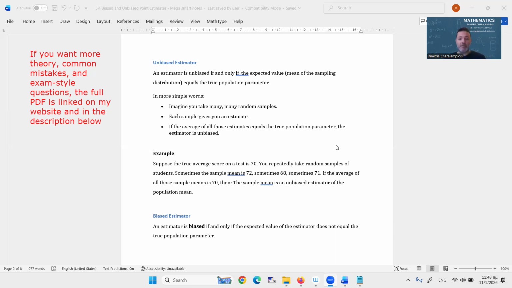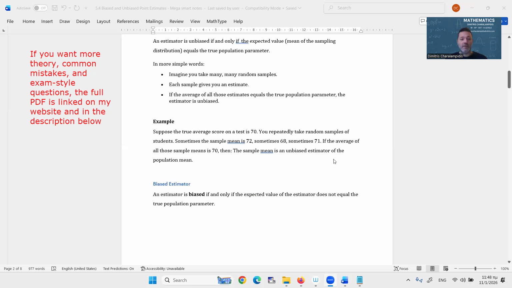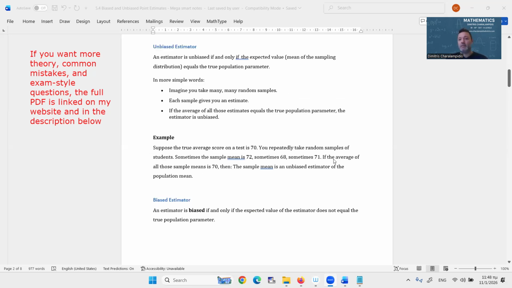If the average of all those different samples is exactly 70, then the sample mean is an unbiased estimator of the population mean. And similarly to the unbiased definition, we have one for the biased estimator.